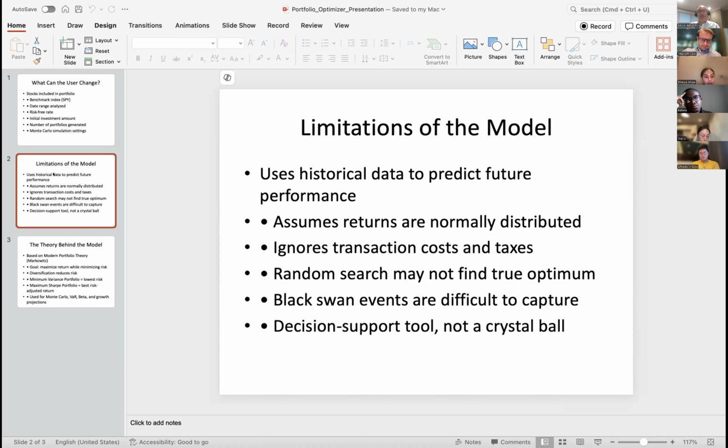Then there are also transaction costs, taxes, liquidity, short selling, rebalancing costs, and other investor constraints, which the model currently doesn't include.